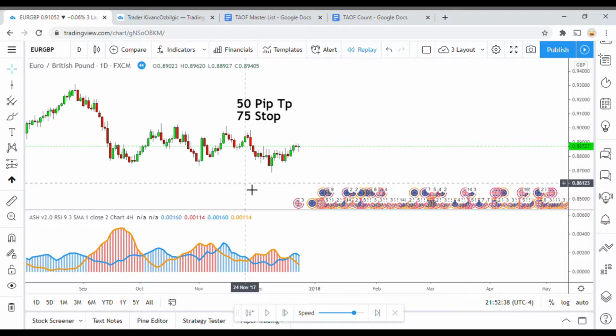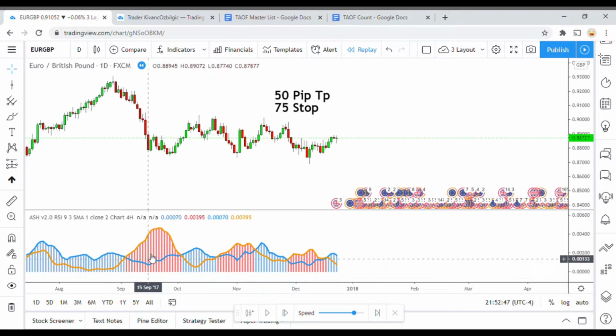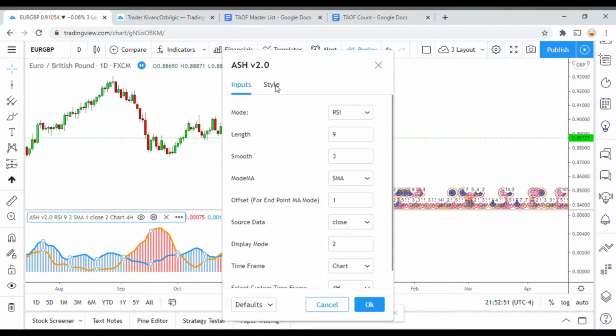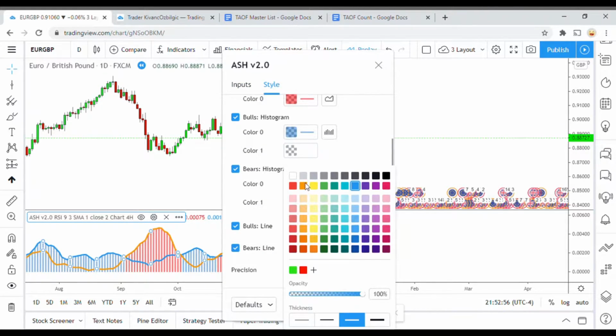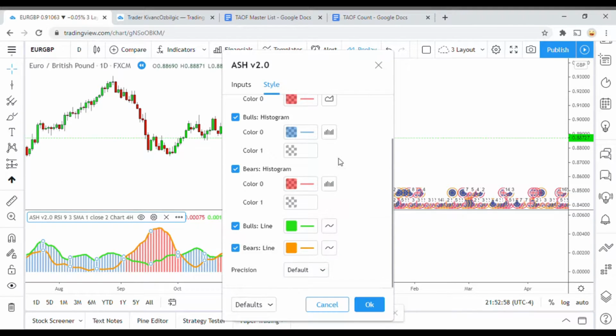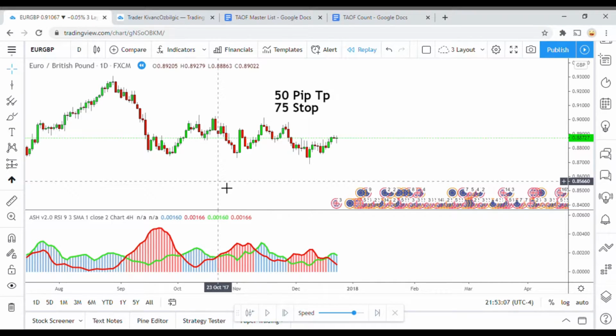I've, like I said, never quite understood why exactly, but often it is something that I'll go in on my indicators. It's one of the first things that I do, to go into the style and change the color of these to represent green for buying and red for selling.